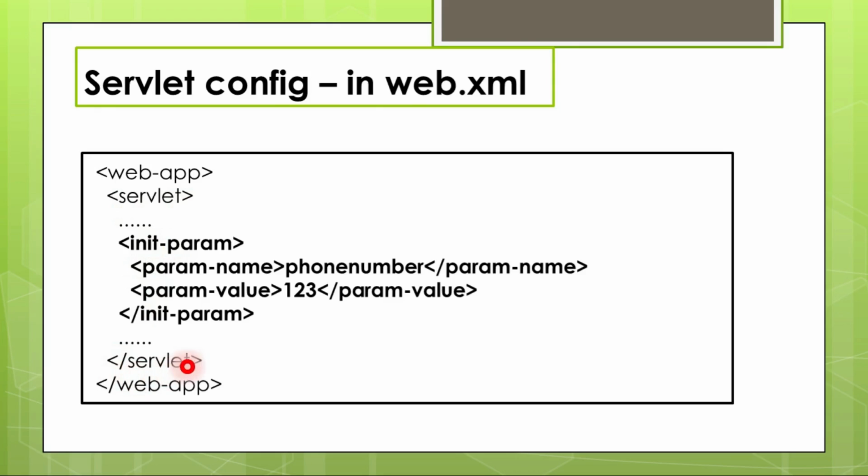Please look here, inside the Servlet tag, init-param is opened here and closed here. Inside it, you can create an attribute name and an attribute value. Param-name means the attribute name. So what is the attribute name? Phone number. What is the value of this one? Phone number 1, 2. Like this, you can create any variable that you want. I should not call it a variable here. Do you understand? The web.xml file is not a program. It's a simple file.